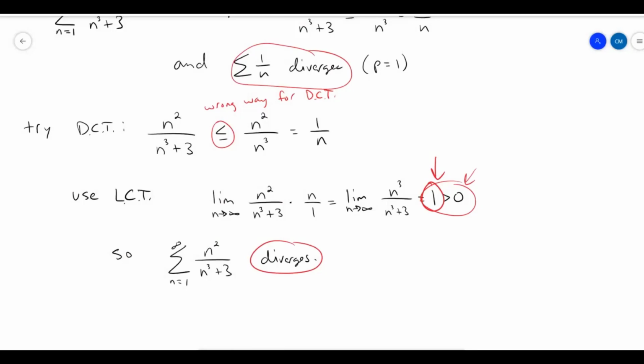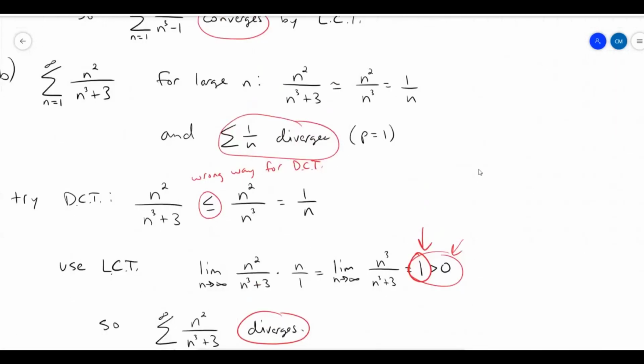So chances are, if you do get 0, I would say the most common reason for getting 0 on this is that you chose the wrong series to compare it to, okay? That's why this step up here is important, deciding what series you're going to compare it to. If you choose the wrong series, it's possible that you might get 0 right here, or you might get infinity here. But all that's telling you is that it is inconclusive.